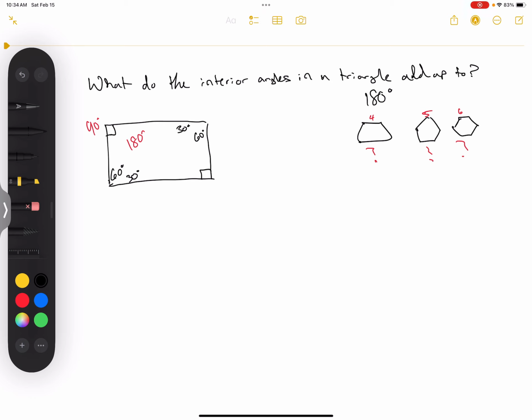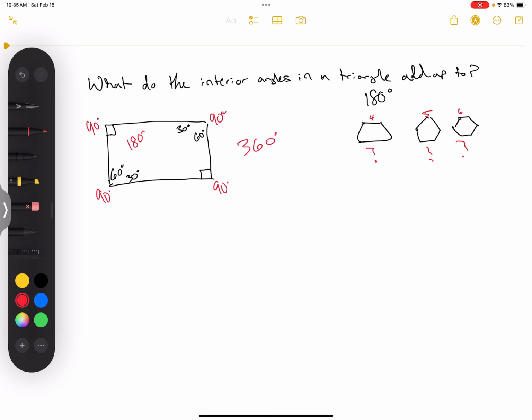Okay, well, this is a rectangle, and if we add up all the angles, we have the 90 on this side as well. If you put the 30 and 60 degrees together, we have another 90. If you put this 60 and 30 degrees together, we have another 90. If we add all those 90s up, we get 360 degrees for this rectangle, okay?